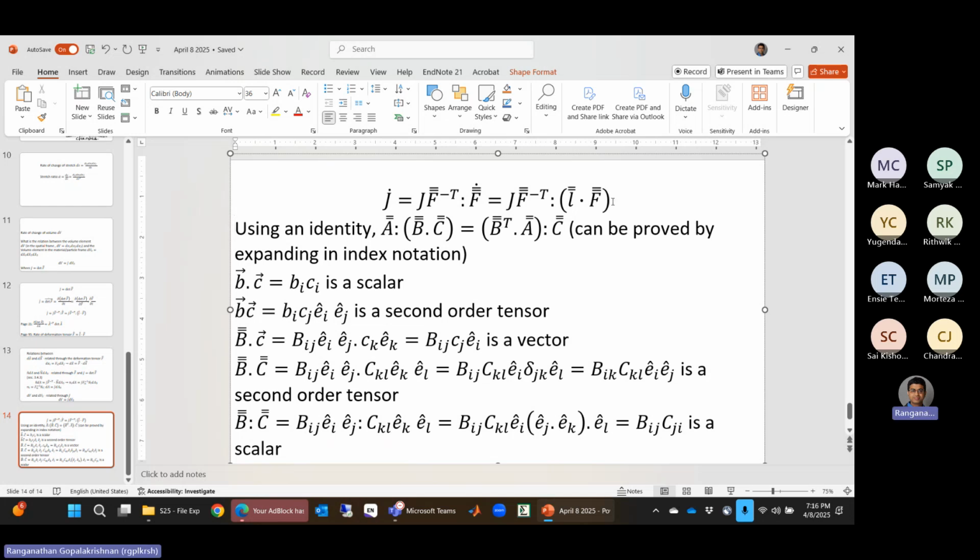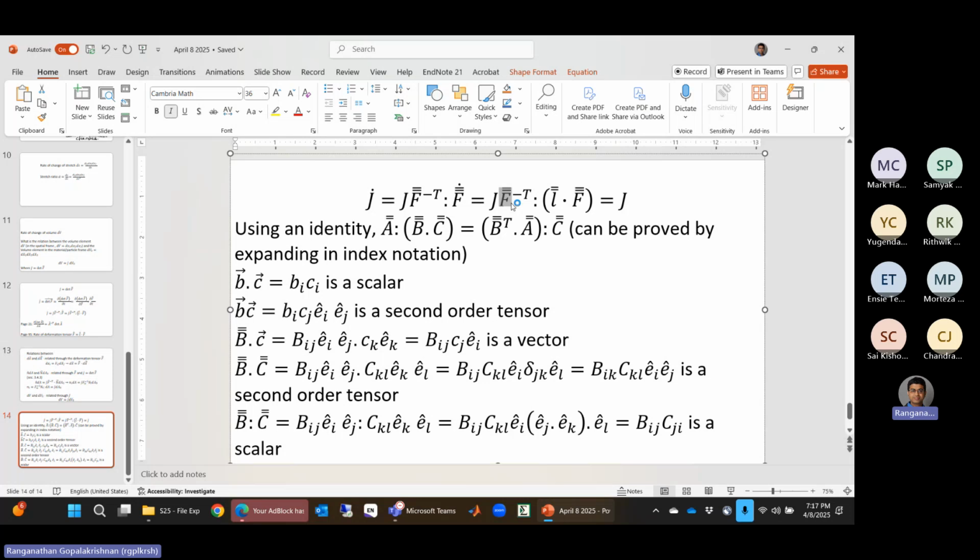Okay, so if we use this identity, we are going to end up with J times the identity tensor I. So here, if you treat A to be F inverse transpose, B to be L, and C to be F, you have to take B transpose dot A. What is A?